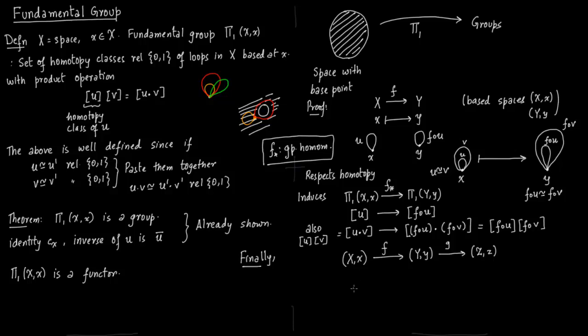Both f and g are continuous. Now this will induce the following maps on the loops. In space X, you have a loop based at x, you apply f to it, you get to Y, and then you have f of U, then you apply g to it, you get to Z, but now you have g of f of U.